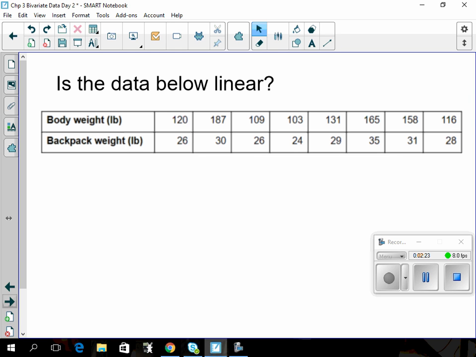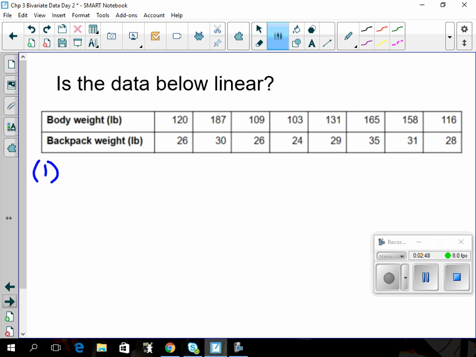Okay? All right, so I ask you this question because we sort of tried to answer this last class. Is this data linear? It's a multiple stage question. So we have to think about what we're going to do to answer it. So what are some things that will help us answer the question? How should we start?